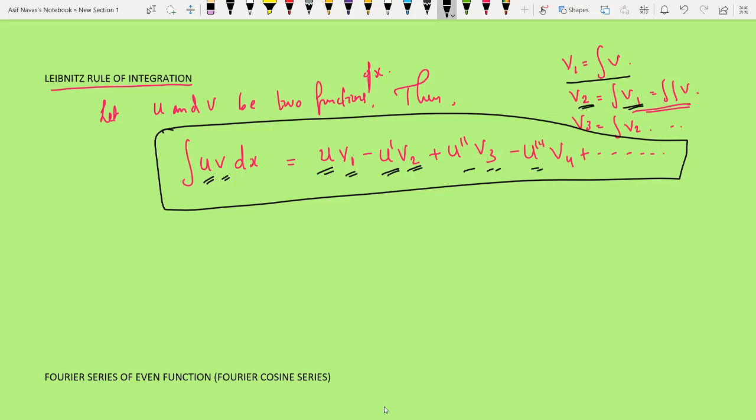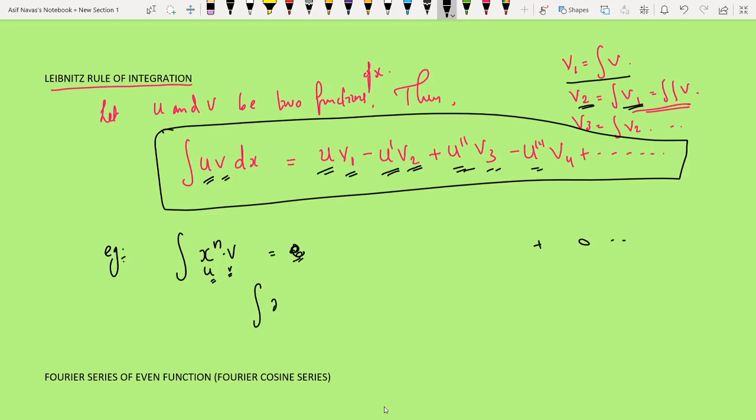This is useful for finding integrals like x raised to n times some function of x. After the n plus 1th derivative of u, this term becomes 0, and all the following terms become 0.